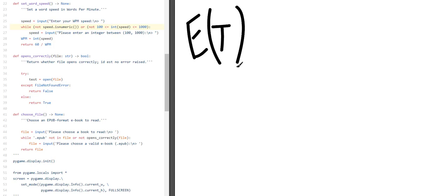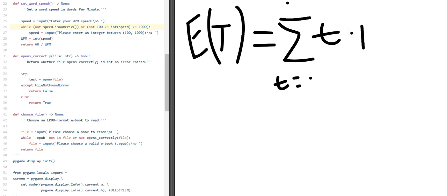And so we're going to have some kind of sum, and it'll go from the best case runtime to the worst case runtime, and it'll be something like t times the probability that we see that T equals this small t, right?